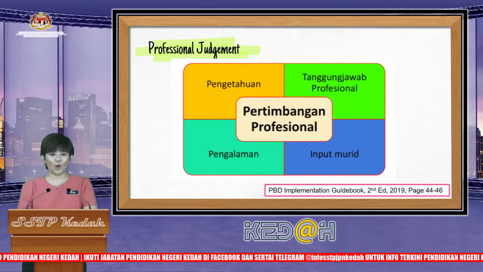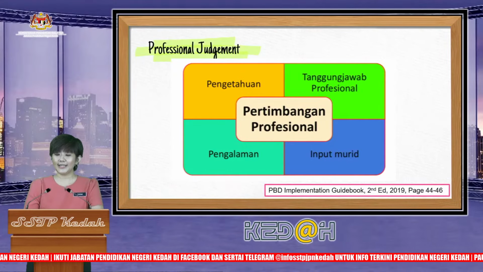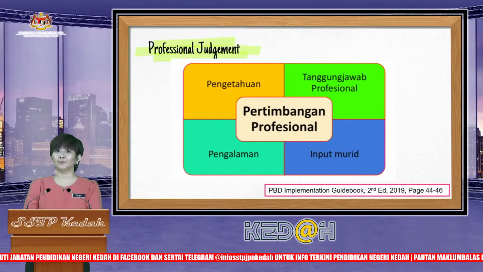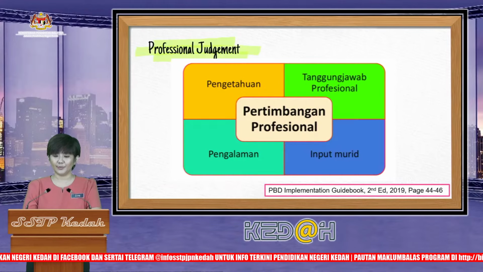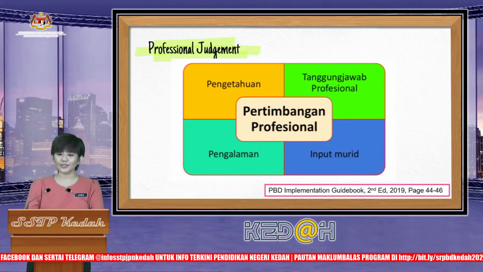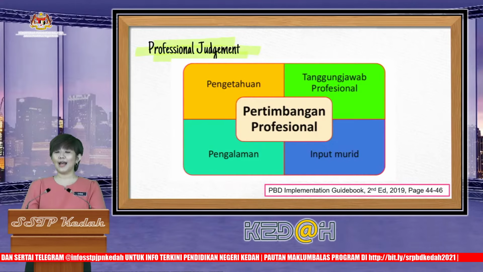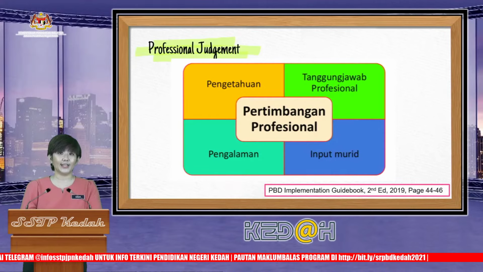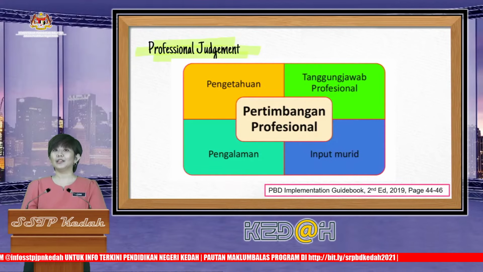So it is important that we understand that the decision we made about our learners' progress and the level of performance is based on the teacher's professional judgment. So based on the PBD implementation guidebook, second edition, there are 4 elements that need to be taken into account when we make judgment.